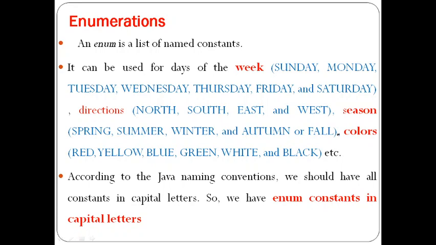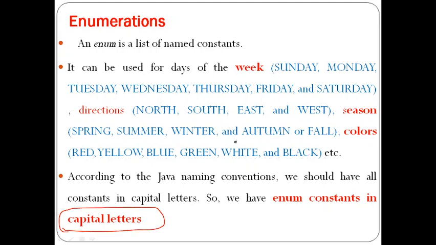These all come under the named constant pool called season. Like that, if you want to create a list of named constants, we can use the enum concept in the Java programming language. As per the Java naming convention standard, the rule we need to follow is that all the named constants should be in capital letters only.